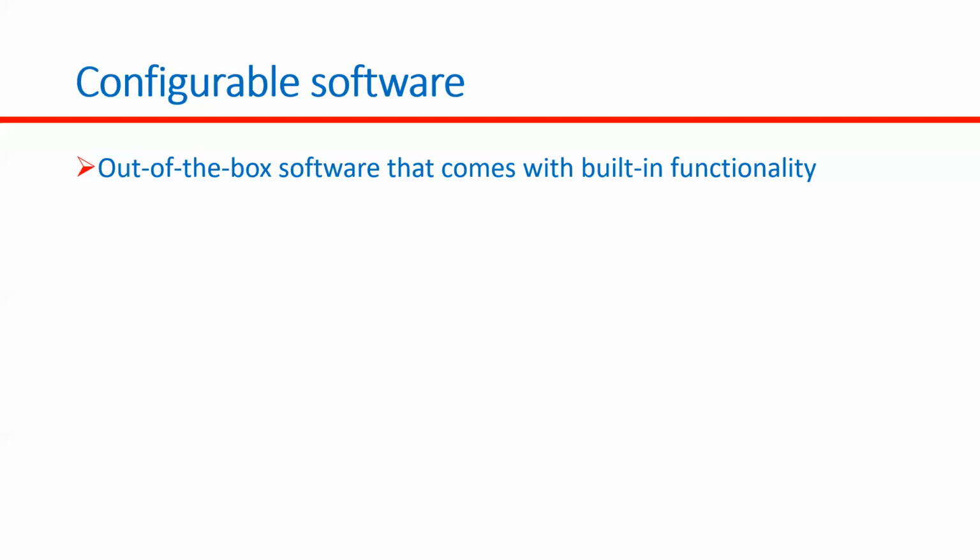Why we say RPA is configurable software means all the latest functionalities come with the software itself as inbuilt functionality. So suppose you want to interact with the Excel application and read the data, we need not code. We just need to download that Excel package and configure the things. For example, if you want to open a workbook, we use a particular activity for that.